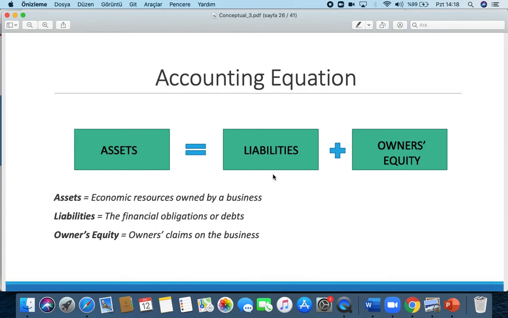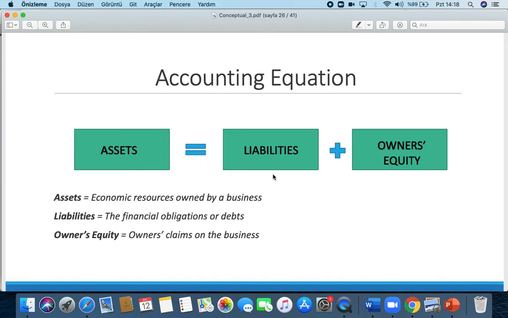So what about owner's equity? No business about that. There is no impact on the owner's equity with this transaction. But there will be other economic transactions that will have an impact on owner's equity as well.